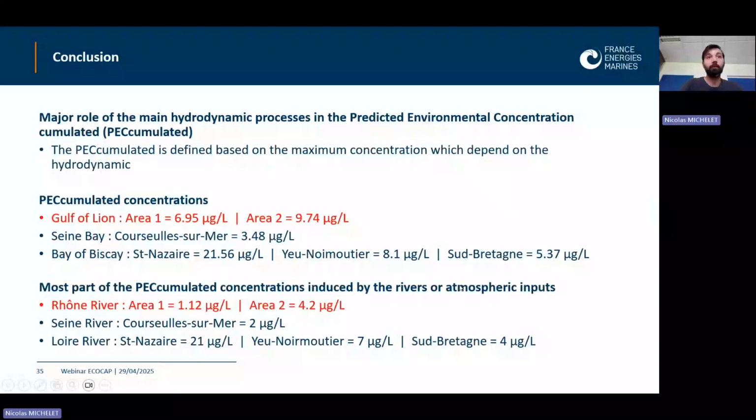So this is for the Gulf of Lion, and as a conclusion, what we have seen in the ECOCAP project is that even if the anodes bring some aluminium into the environment, that should be considered in the risk analysis, they are not the main source of aluminium in the different facades.